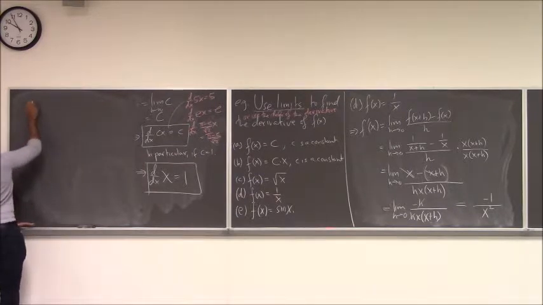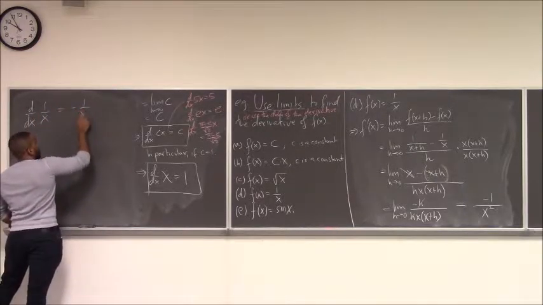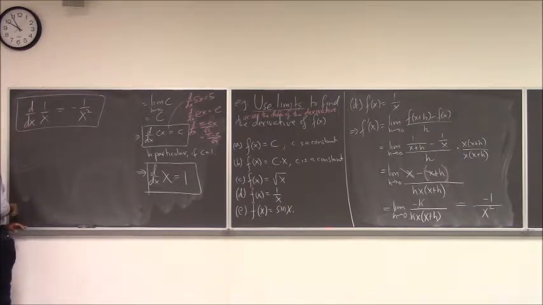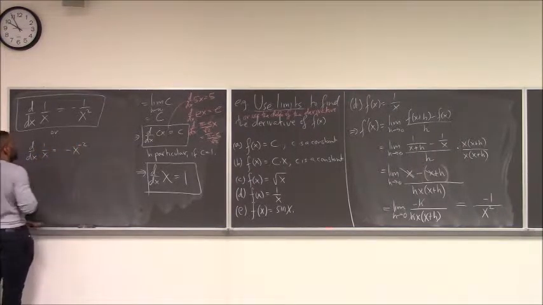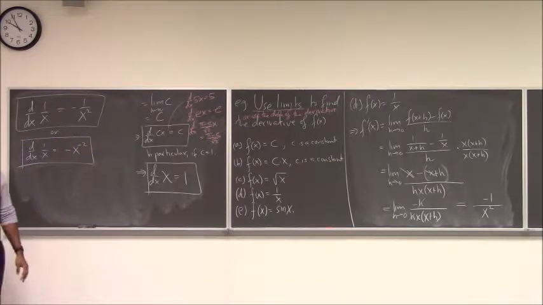So we can state this as a rule: the derivative of 1 over x is minus 1 over x squared. Or say the derivative of 1 over x is minus x to the minus 2. There are times when that'll be the nicer way to see it.